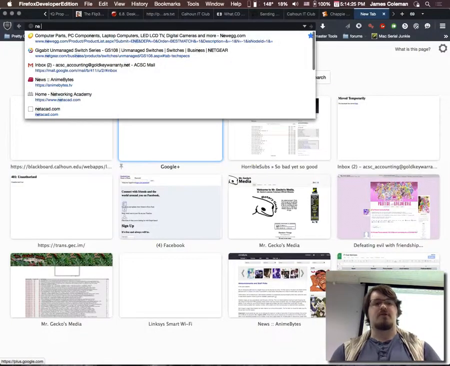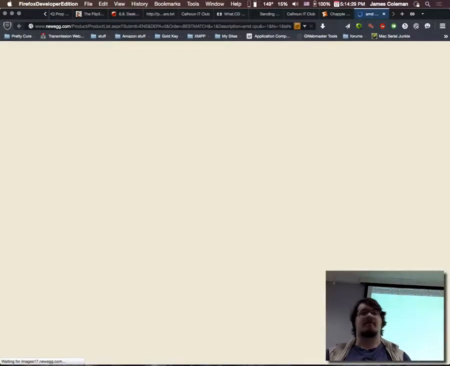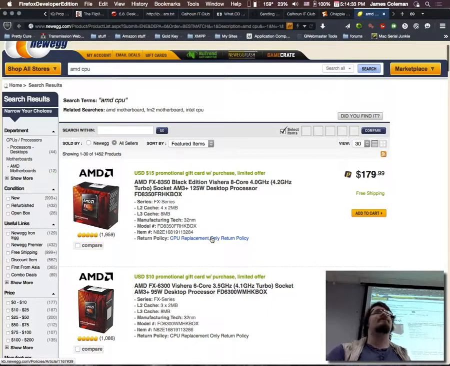So if you were to search Newegg for AMD CPU, you find a lot of them. The thing about AMD processors is they don't always have graphics processors built into them. So you're going to have to buy a graphics processor separate. How you know if it has a graphics processor is if it says APU on it.